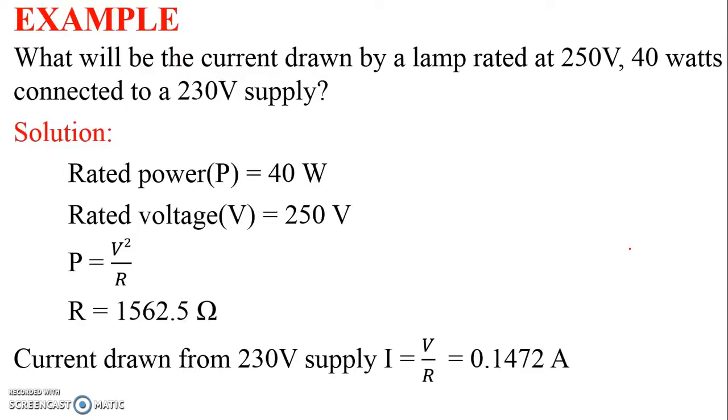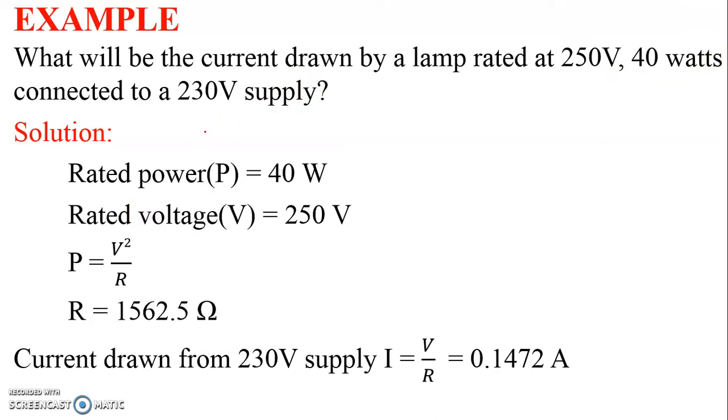Next we will see a basic example of Ohm's law. The question is, what will be the current drawn by a lamp rated at 250 volt and 40 watts connected to a 230 volt supply?